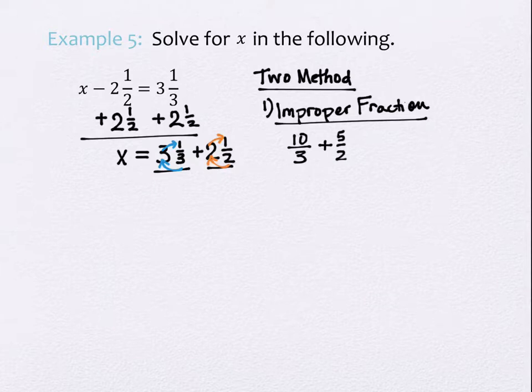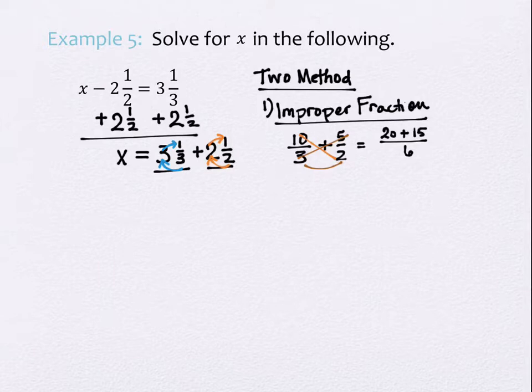So one way with improper fractions is to change them both into improper fractions, and then do whatever you need to combine them together. So just for us to practice again this method that your book shows, I'm going to do it this way. So 10 times 2 would be 20, plus 3 times 5, which would be 15, over, and then I multiply the bottom together, which gives me 6.